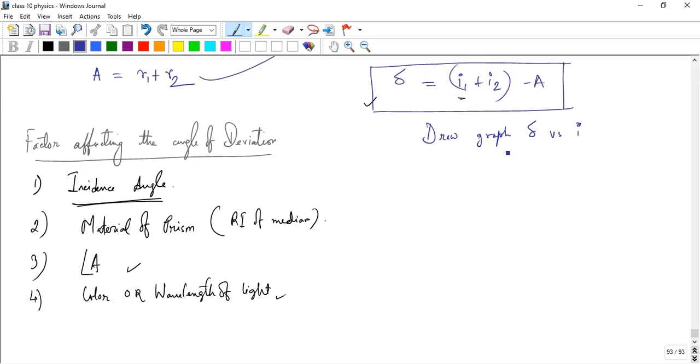Here is delta and here is I. So the graph will look like this. Okay, so we check that point. Now analyze the graph. That is the lowest point, meaning delta minimum. That point is called delta minimum.